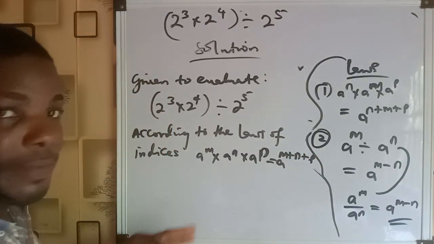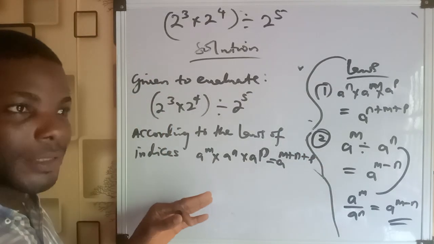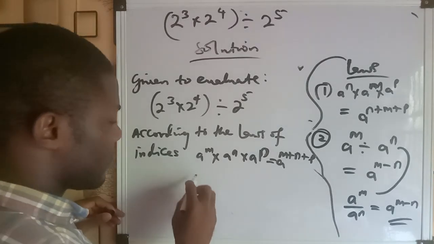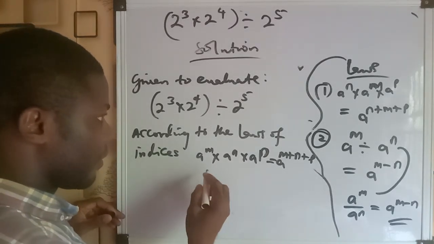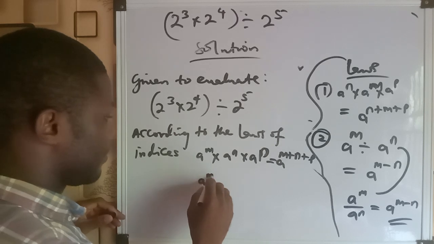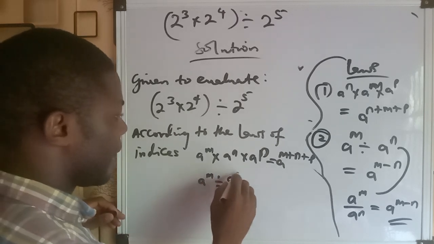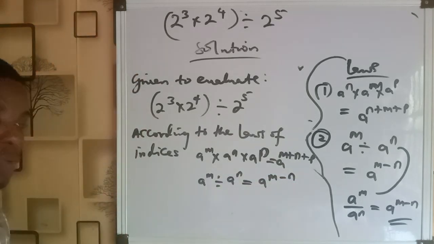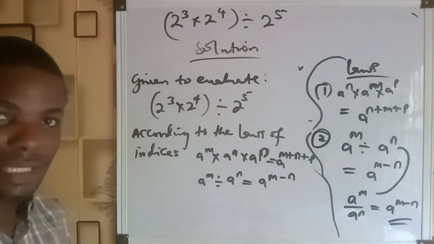Good. You have established a background, okay? Now, you can also move over to the next law, which says a power m divided by a power n will give you a power m minus n. So you have established some concepts.